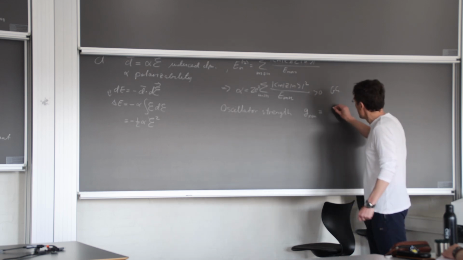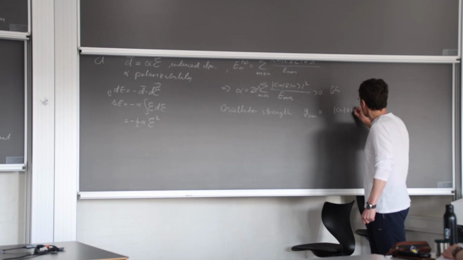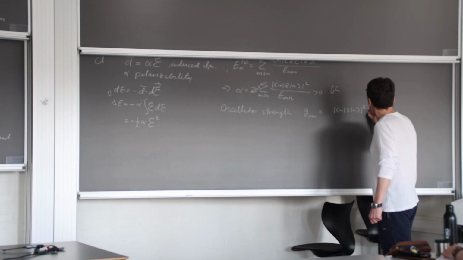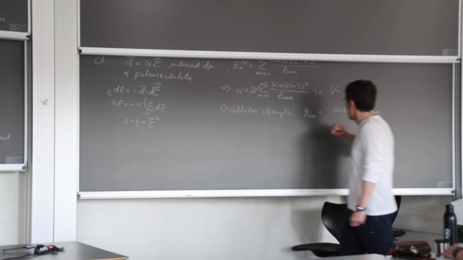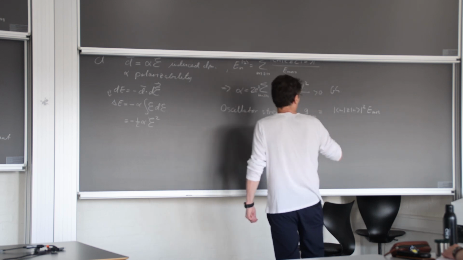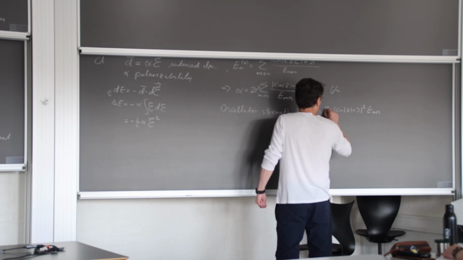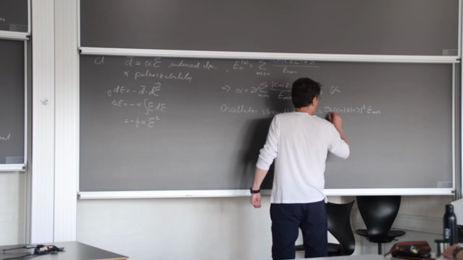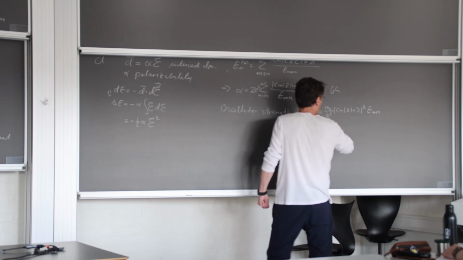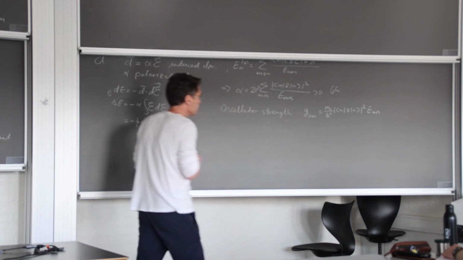So I could introduce this G, let's say G_nm, as, well, I want this matrix element here, the matrix element of z squared, and then I want the energy up here, E_mn, and then I also want an electron mass divided by h bar squared, I guess.